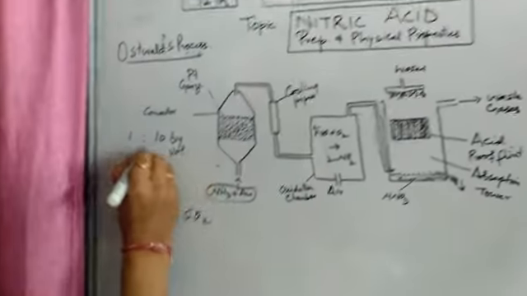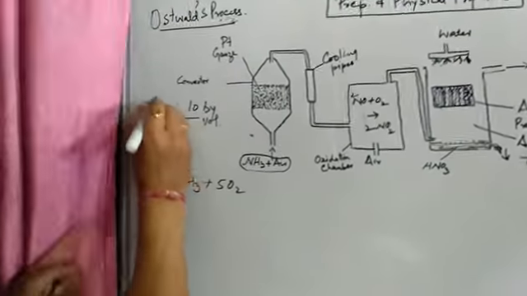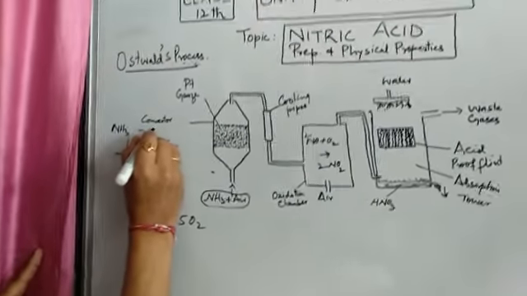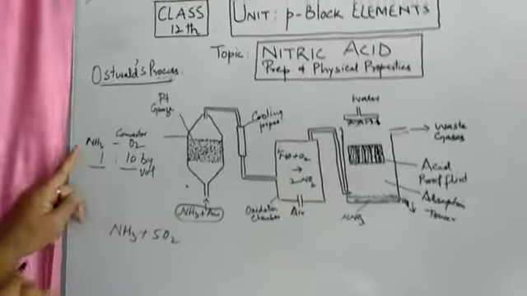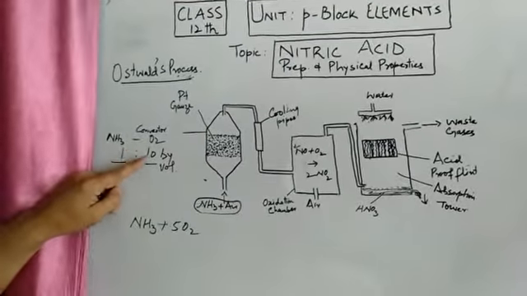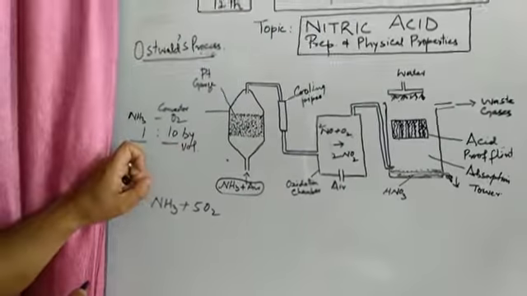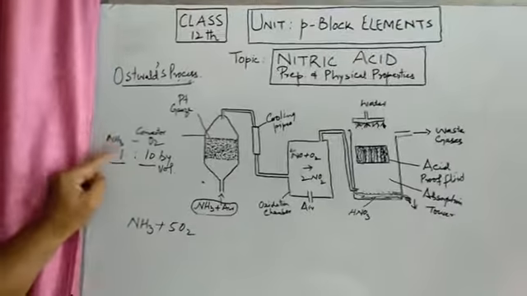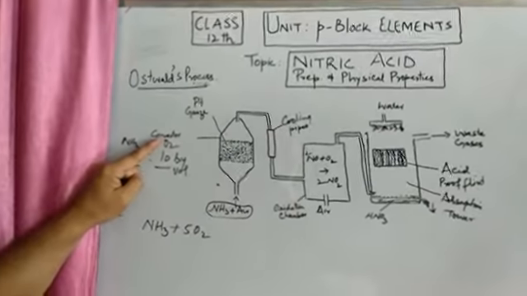The mixture of ammonia, this will be ammonia here, and this will be air, that is oxygen. So ammonia and oxygen will be taken in the ratio 1:10 by volume. This means that if we take 1 liter of ammonia, we shall have to take 10 liters of oxygen.